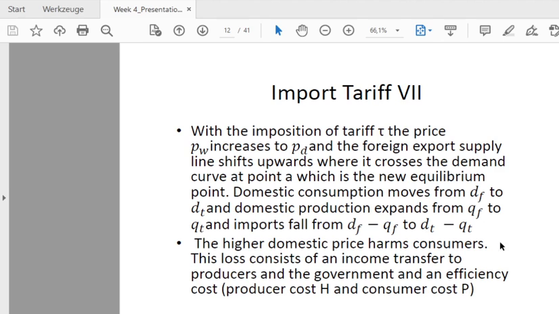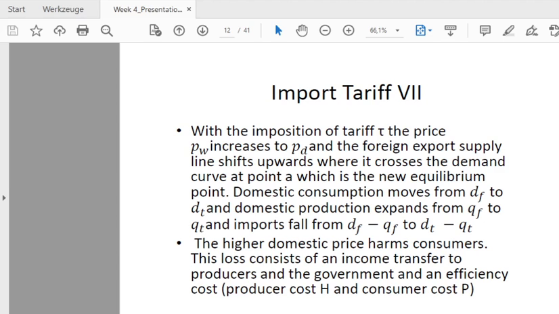So what we see here is that the higher domestic price harms consumers. Everything gets more expensive. And this loss consists of an income transfer to producers and to the government, and an efficiency cost.